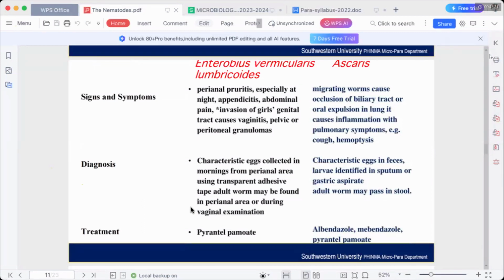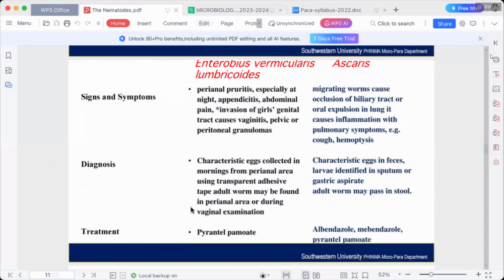But when we opened, there were so many ascaris found in the intestine, and the surgeon removed them and some parts of the intestine. That's the heavy, severe ascariasis infection. And that child was the son of a Badjao.